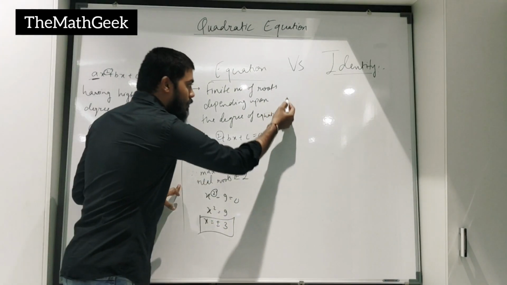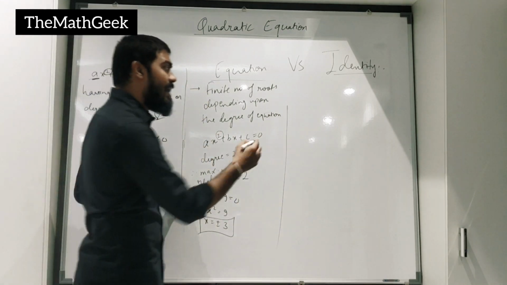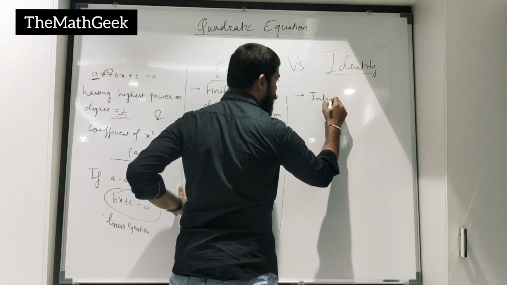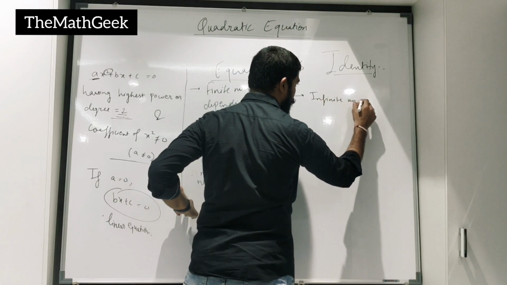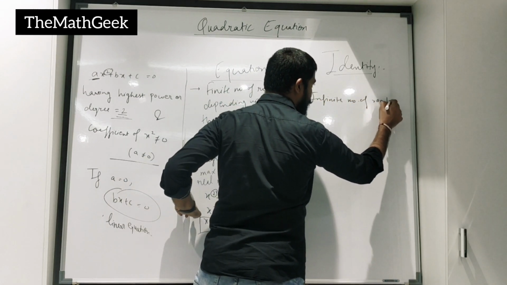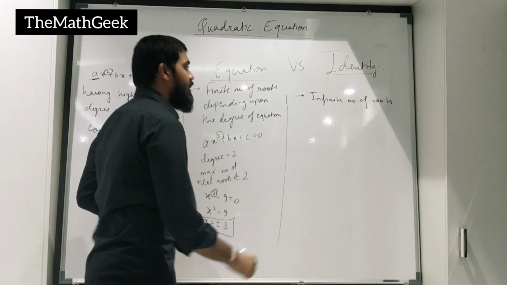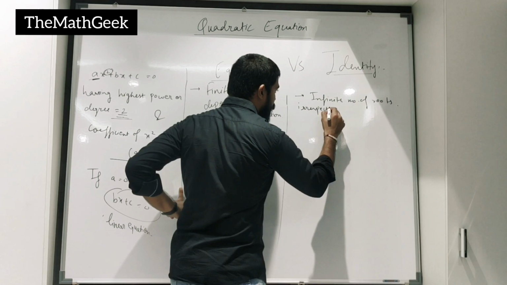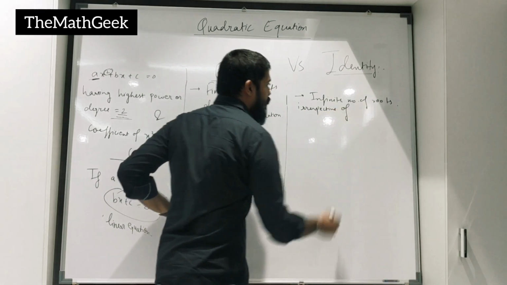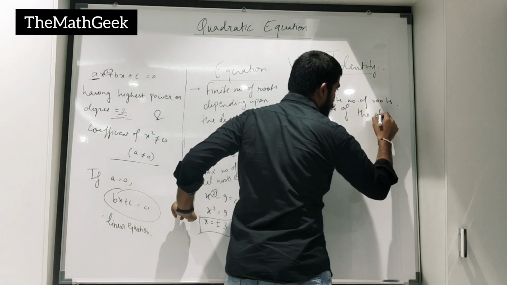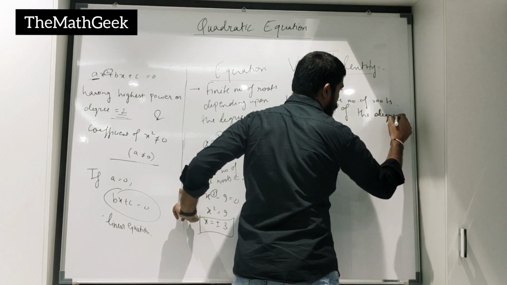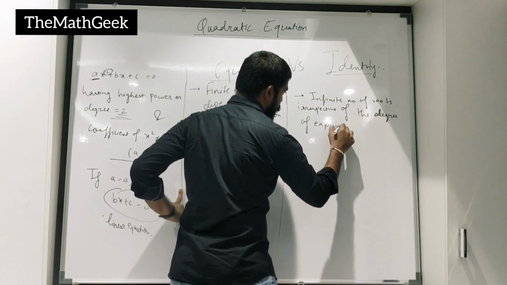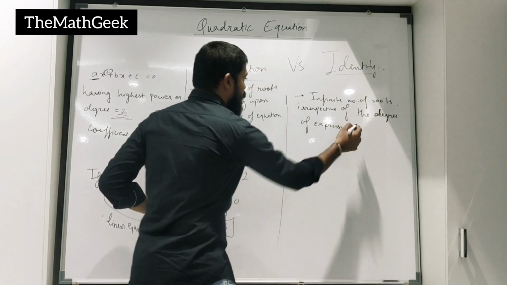Okay? Now, what is an identity? An expression which has an infinite number of roots irrespective of the degree of the equation.